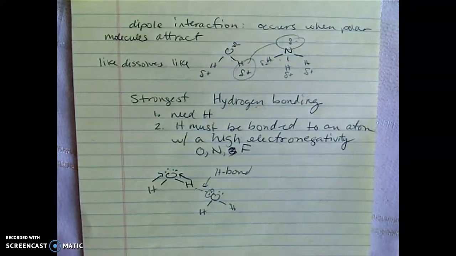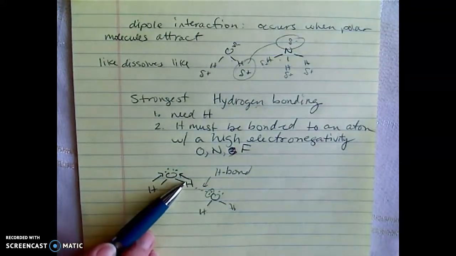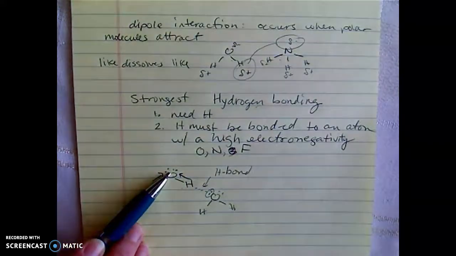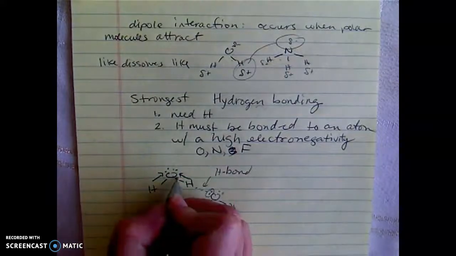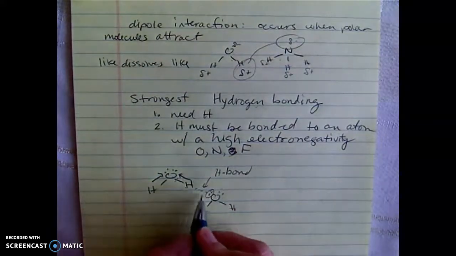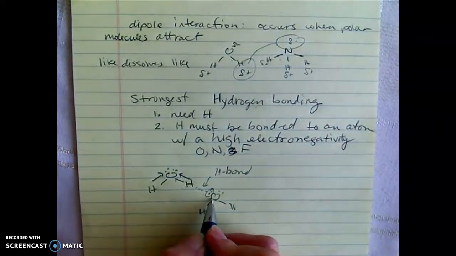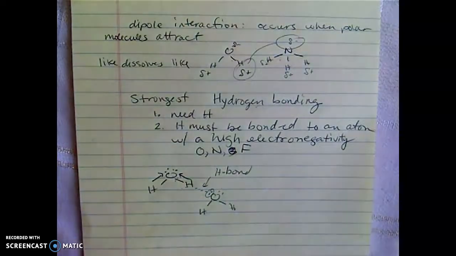So it seeks out that lone pair of electrons. Oxygen might pull this pair right here closer to it, so hydrogen is going to say, I'm going to attract those. So it's not a true bond. That's why it's called an intermolecular attraction. But it's kind of similar because it does attract those two together.